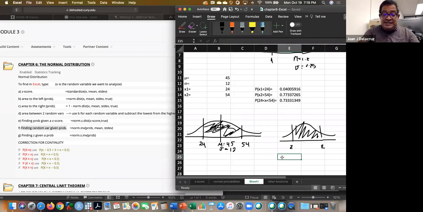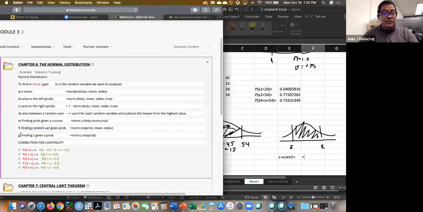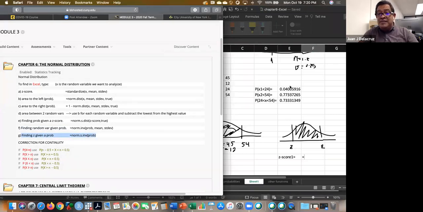So what I'm going to say, the Z-score 1 is going to be equal, hold on, what happened here? Oh, the Z-score 1 is going to be, I'm going to apply this formula. So I need the probability, random variable, finding the Z-score. I'm going to use this formula, finding the Z-score given a probability. I don't know the Z-score here, but I have the probabilities associated to this.